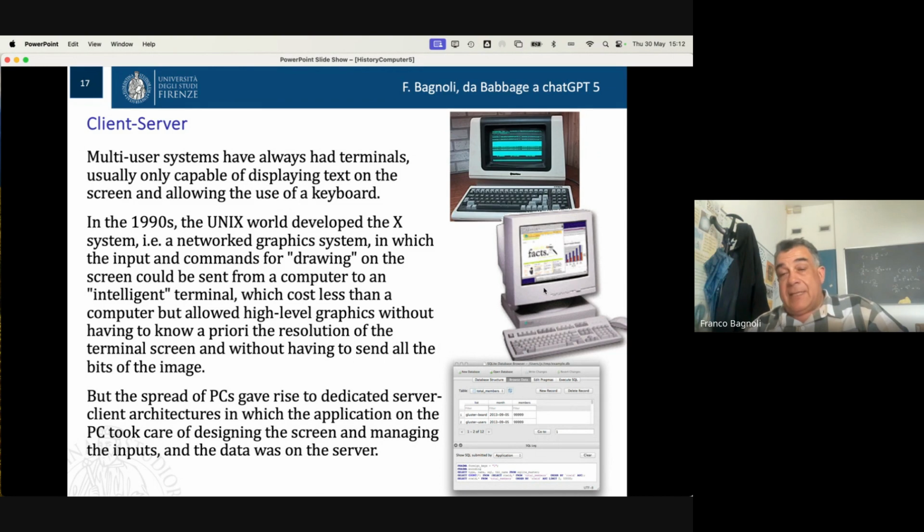And this is essentially the concept of client-server application, which is essentially behind any browser today. But clearly, this was not done with the browser, which is a generic interface. It started to be done for each service.